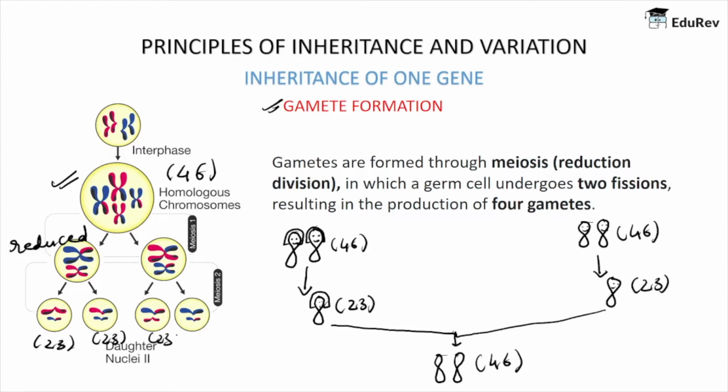Similarly, when sexual reproduction is going to take place, any one of these 4 gametes will go and fuse with the female gamete, forming an offspring.